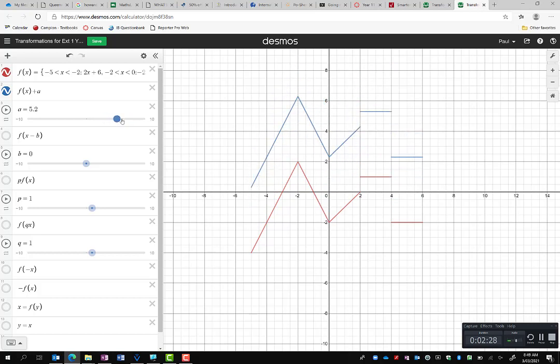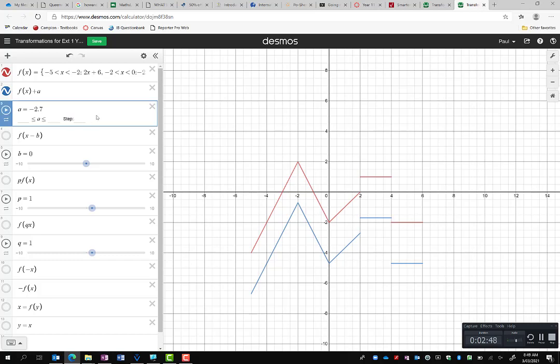Whatever a is, right? And once a is negative, it goes down by the same amount. So that's where you've got all of f(x) clustered as one thing, and then plus a number at the end. Okay, so that number at the end tells you up and down.